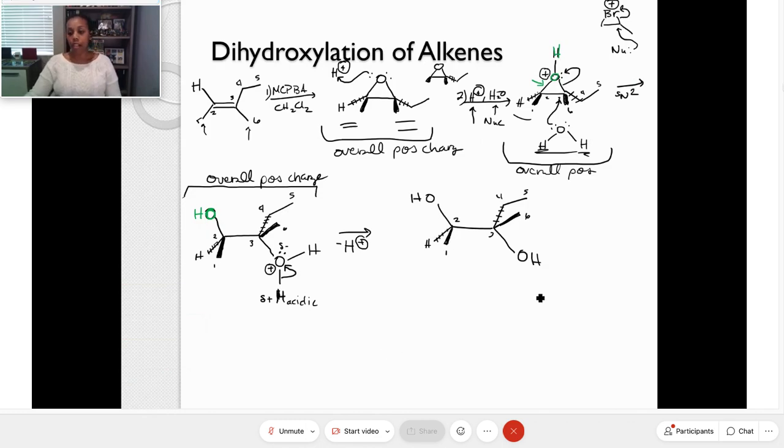So this is my product, but I'm not done yet. With this product, I have my diol, my vicinal diol, and I have shown the stereochemistry throughout the reaction, so that's good. As I'm doing this reaction, I actually have this as racemic. The opposite stereochemistry is also true. This is also racemic. This product is racemic, and this product is racemic.